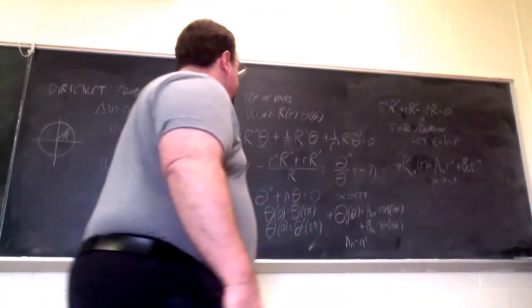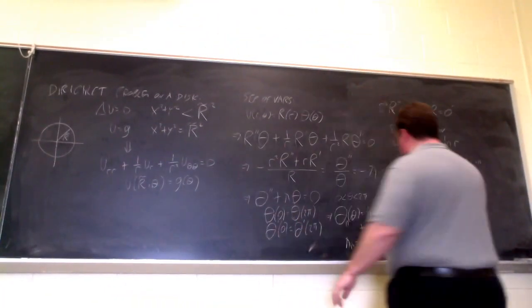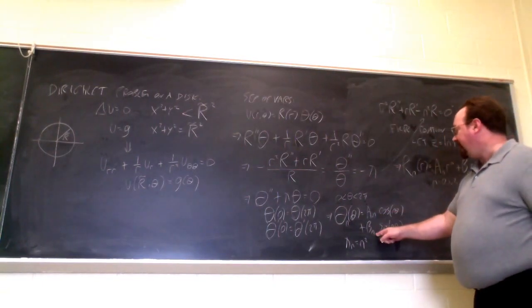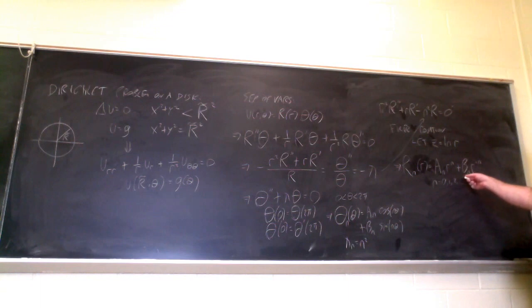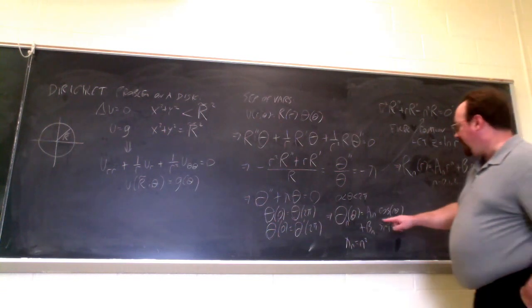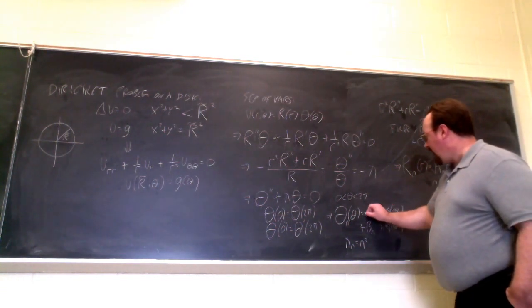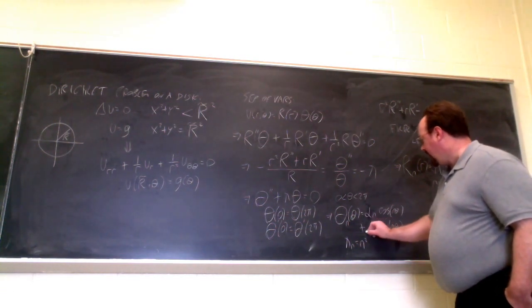I have a n and b n for my theta solutions. I also have a n and b n for my r solutions. They're not the same. I've already been just talking about these, so I'm going to leave these the same. I'm going to change these. I'll call these alpha n and beta n.